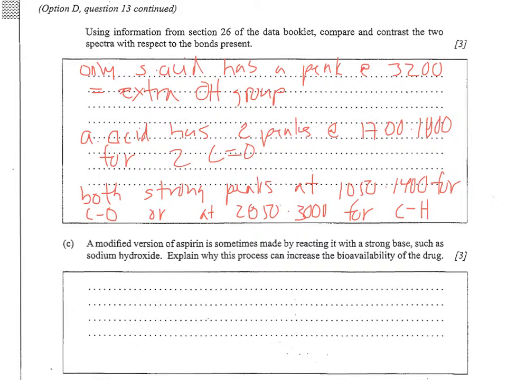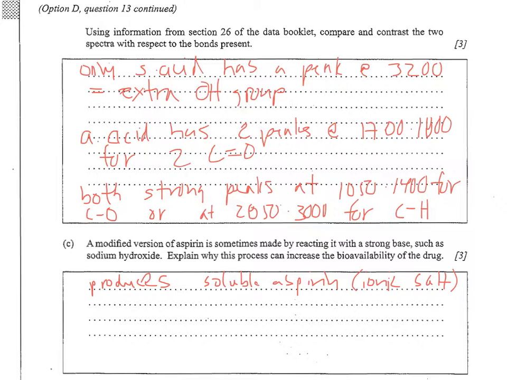Part C says a modified version of aspirin is sometimes made by reacting with a strong base such as sodium hydroxide. Explain why this process can increase the bioavailability of the drug. And what you're supposed to realize is the sodium hydroxide produces what's known as soluble aspirin, or it's also known as an ionic salt.